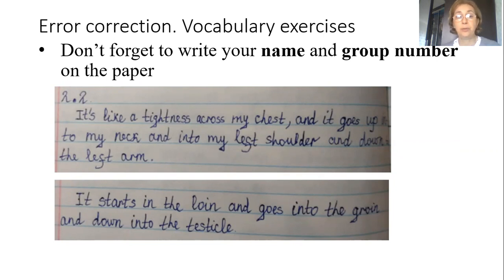We can also use jaw, and into my left shoulder and down to the left arm. And the second sentence about another person should be like, it starts in the loin and it goes into the groin and down into the testicle. So this is about vocabulary exercises.